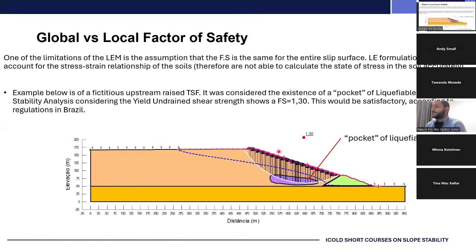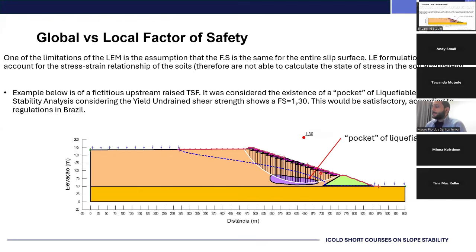To show this, I took an upstream tailings dam, and I used a pocket of material that I assumed to be liquefiable, so it could be liquefiable tailings, and it is saturated, below the water table. So I used the peak undrained shear strength, and we talked about that extensively yesterday. And I came up with a factor of safety of 1.3 in limit equilibrium.